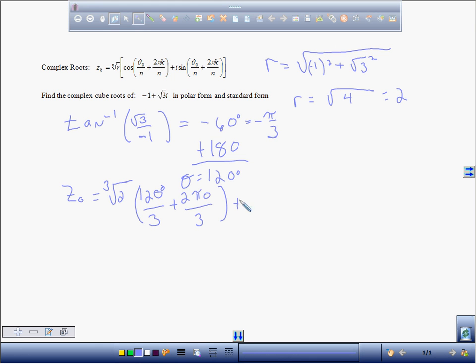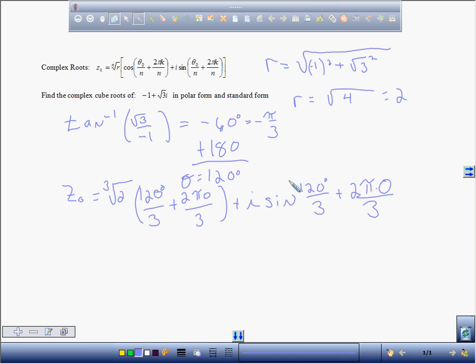Plus i sine of 120 degrees divided by 3, plus 2 pi times 0 divided by 3. That's a times. Okay?